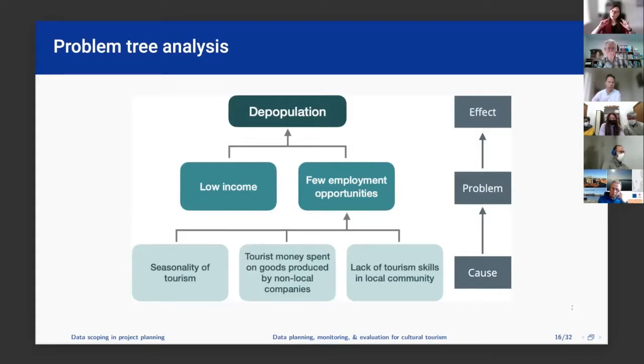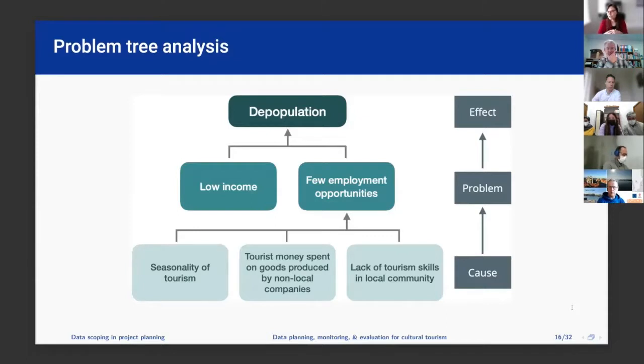So let's think about what causes there to be few employment opportunities. That could be, number one, the seasonality of tourism. Maybe you have a lot of employment opportunities at certain times of the year and fewer at other times. Maybe it's the case, I think we've all seen them, the chain tourist shops that just sell really cheap trinkets from China.